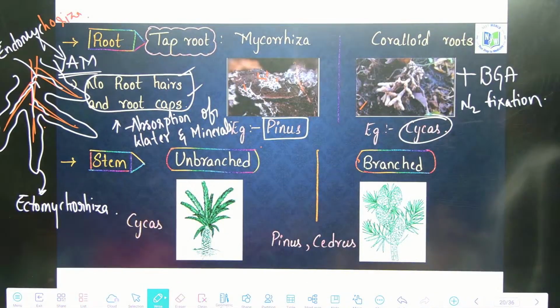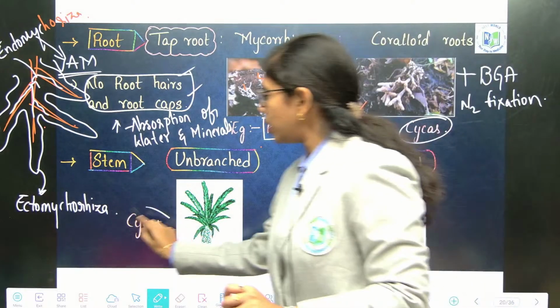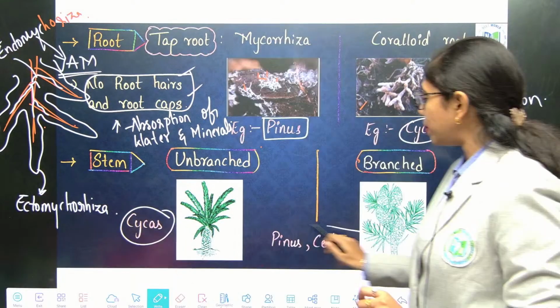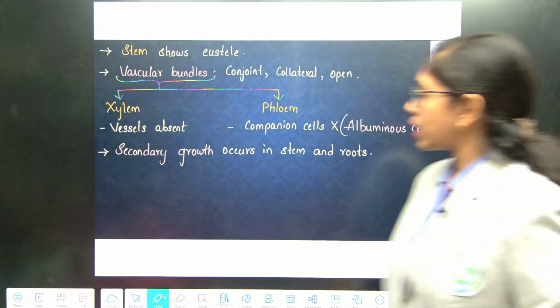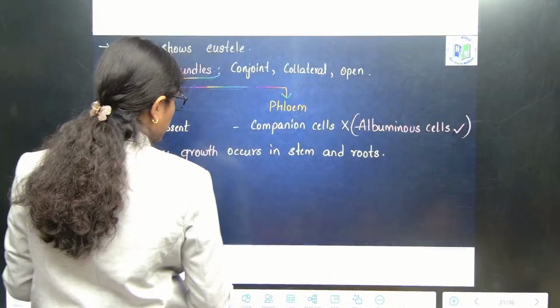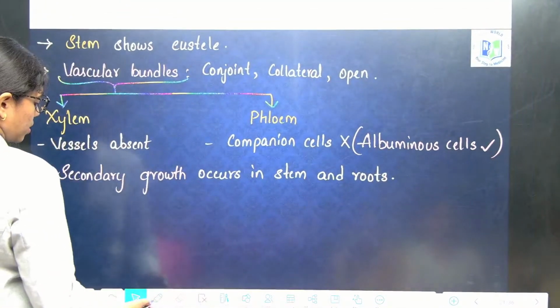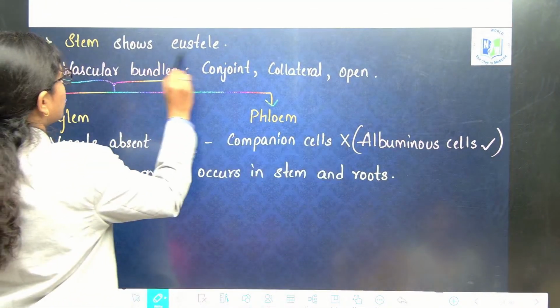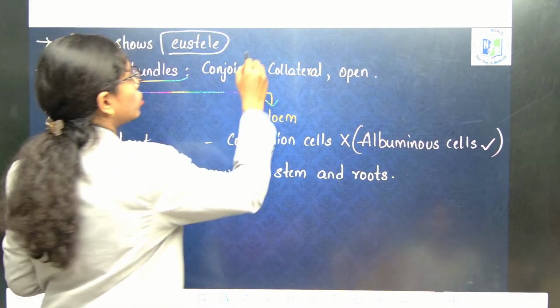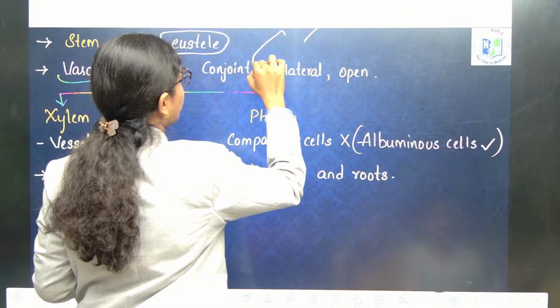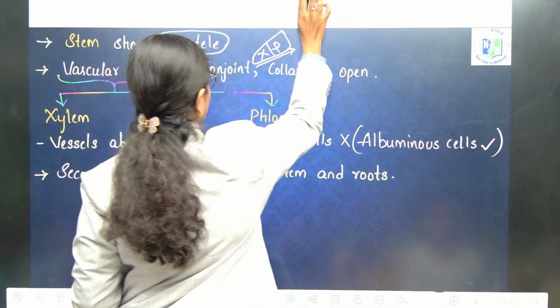Next is the stem. You can see an unbranched stem in Cycas, and a branched stem in Pinus and Cedrus. Stems have a U-stele, which is an advanced stele. Vascular bundles are conjoint. Conjoint means both xylem and phloem are at the same radius.